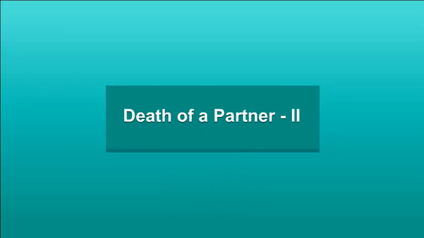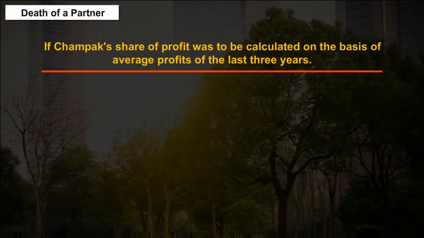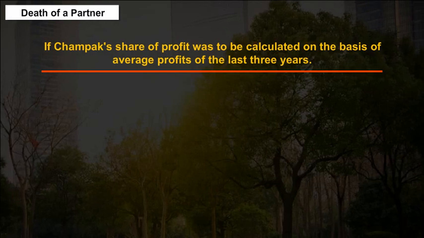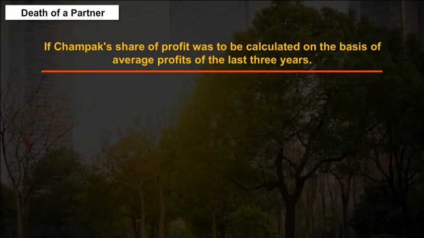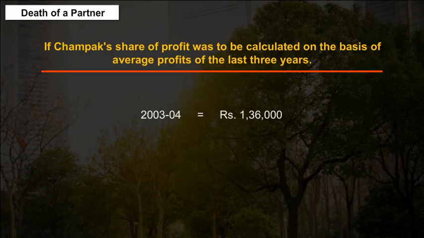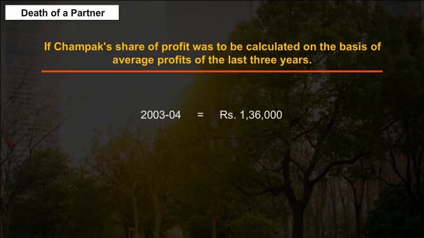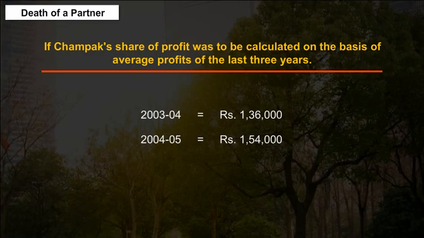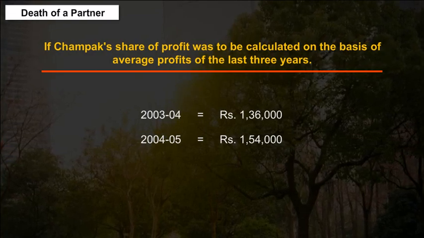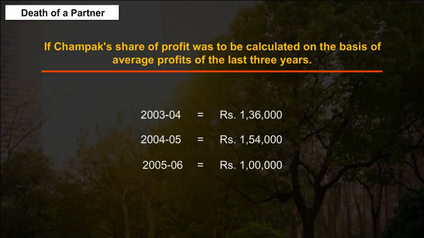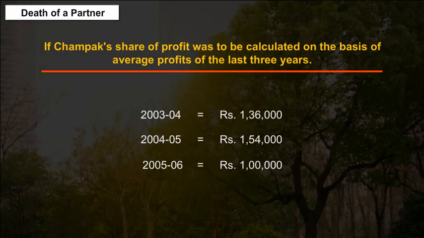Death of a partner. If Champak's share of profit was to be calculated on the basis of average profits of the last 3 years, which were Rs 1,36,000 for 2003-2004, Rs 1,54,000 for 2004-2005 and Rs 1 lakh for 2005-2006.